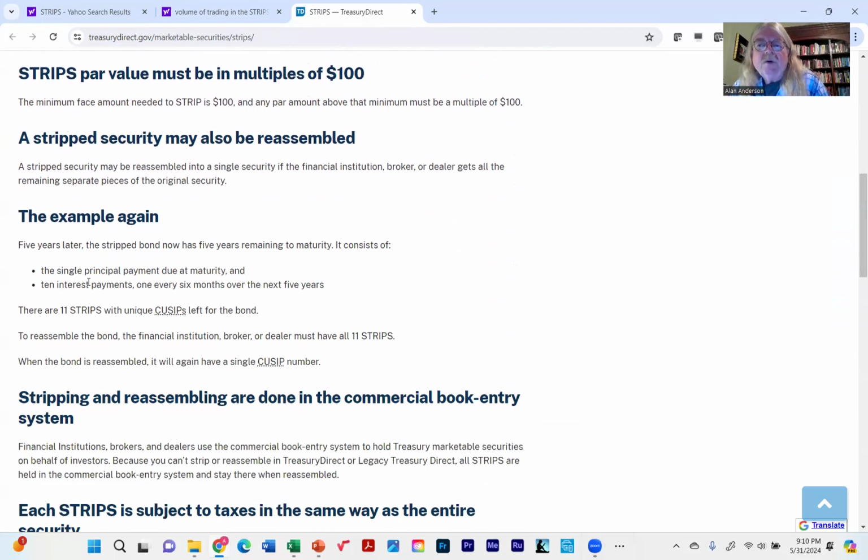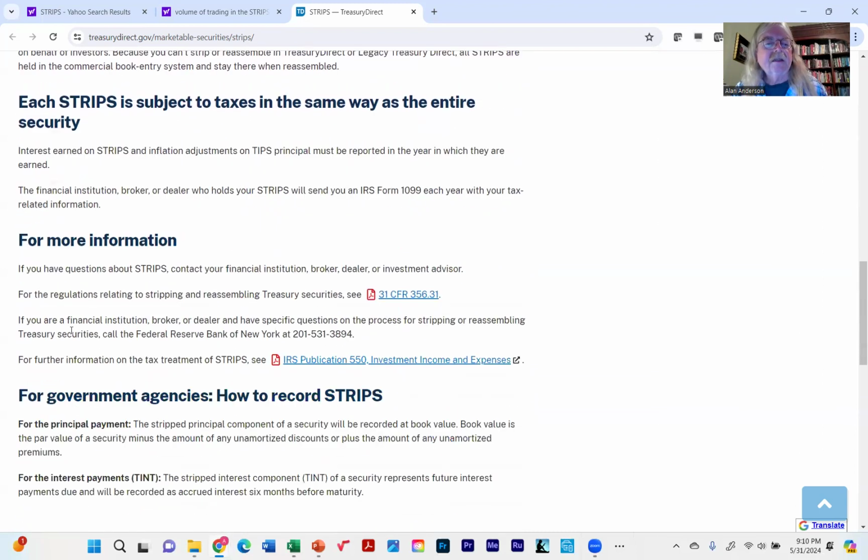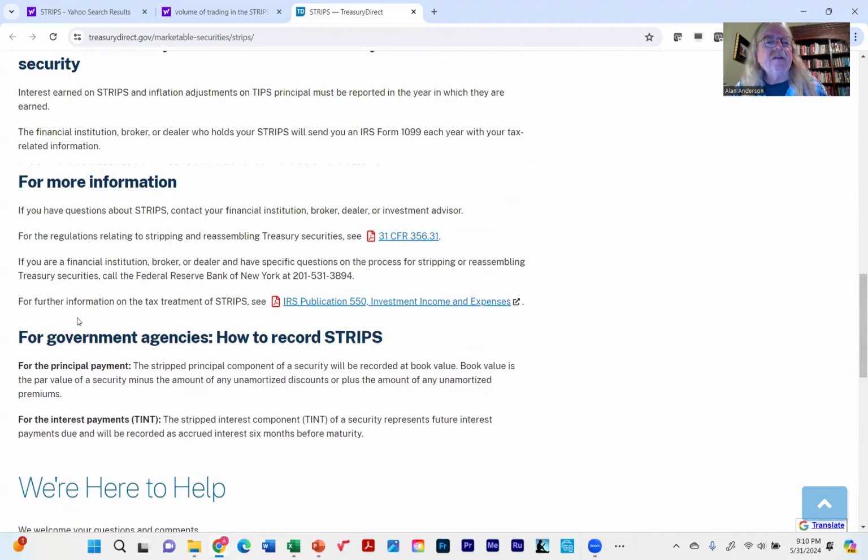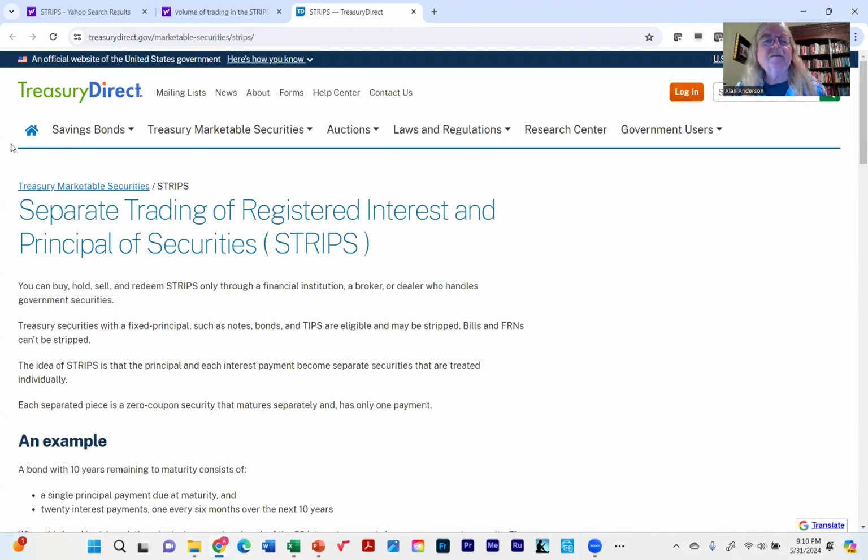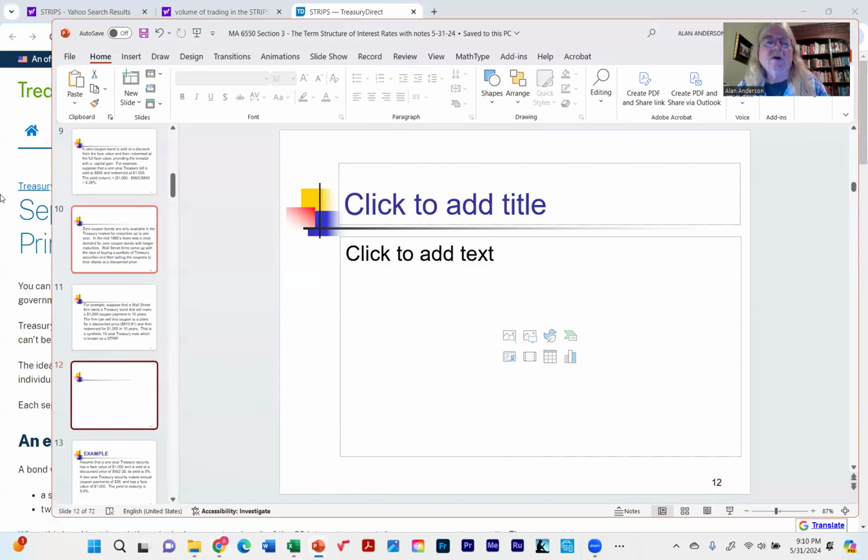The brokerage house who initially sold off all these strips can buy them back and turn them into a full coupon bond and sell it as a bond again. So it can be split apart and put back together again, just like Legos. I thought that maybe we could find a dollar amount, but it's a large number. It's a very, very popular market.